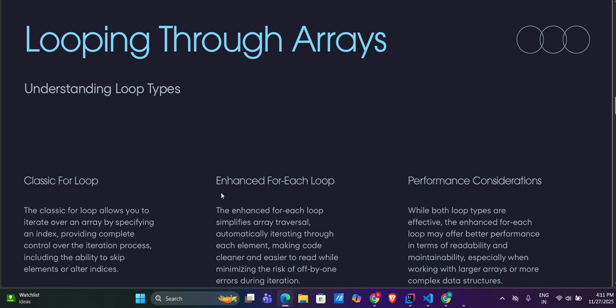And next we move to the enhanced for each loop. The enhanced for each loop simplifies array traversal, automatically iterating through each element, making code cleaner and easier to read while minimizing the risk of off by one errors during iteration.